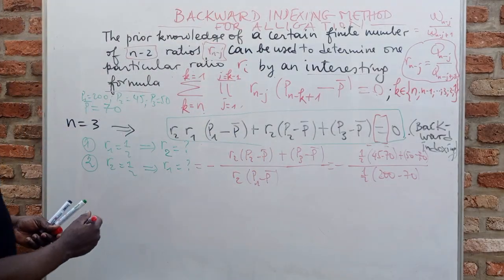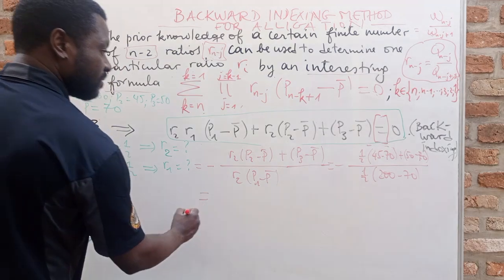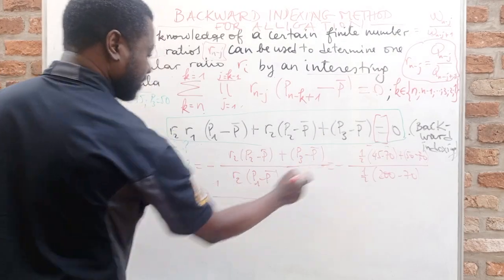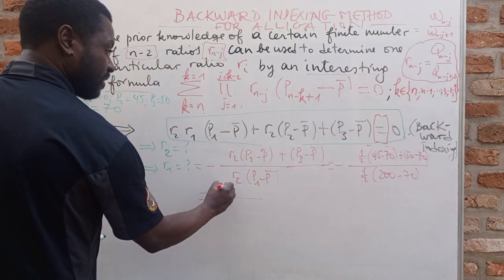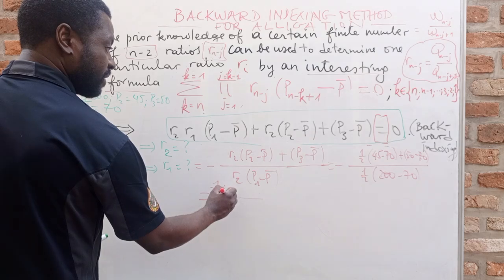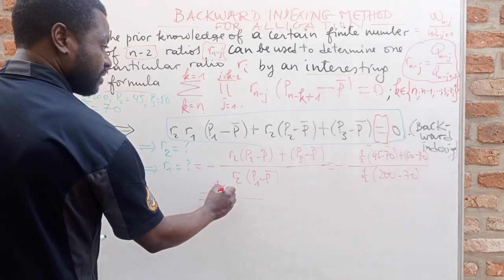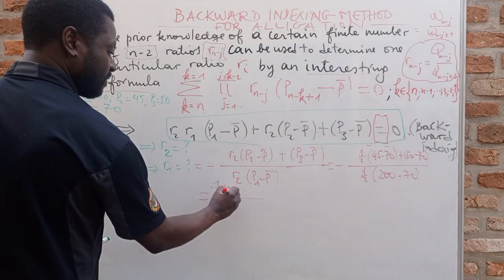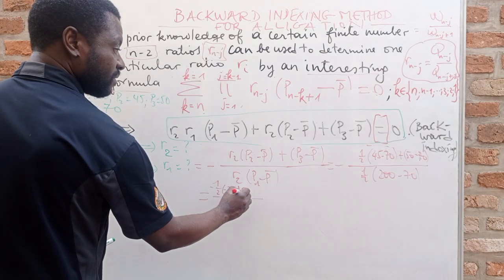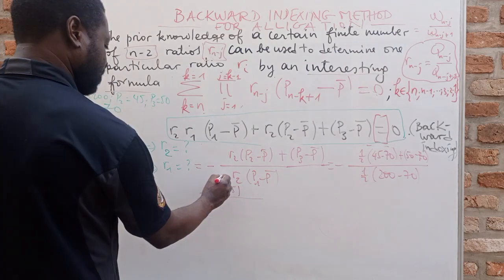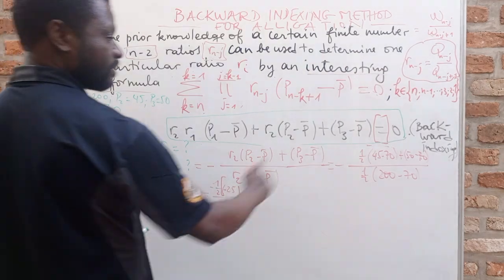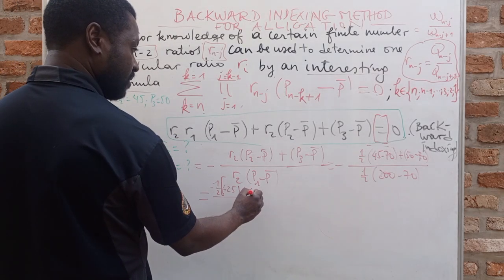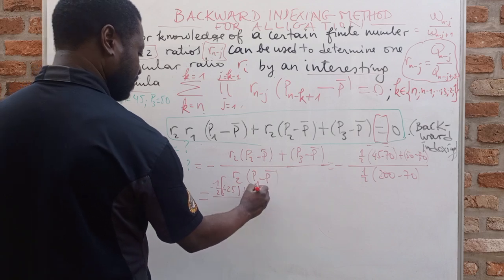Now let us substitute and see what will happen. So we have negative half times 45 minus 70, which is negative 25. This negative will act on two terms, plus 50 minus 70, which is negative 20.